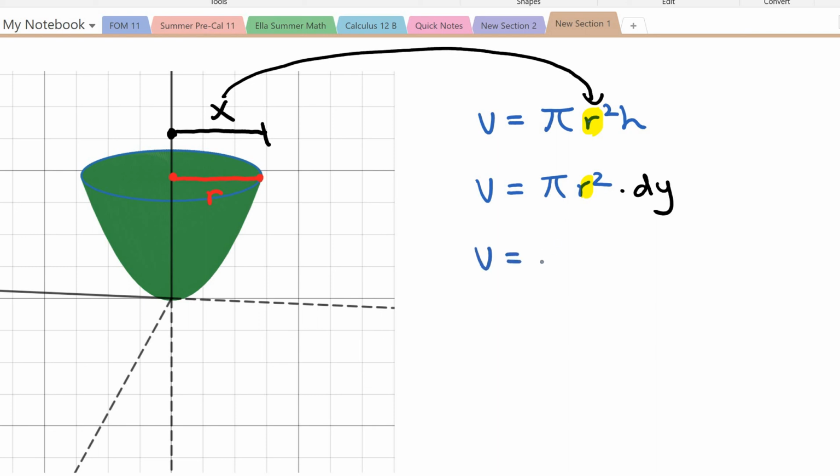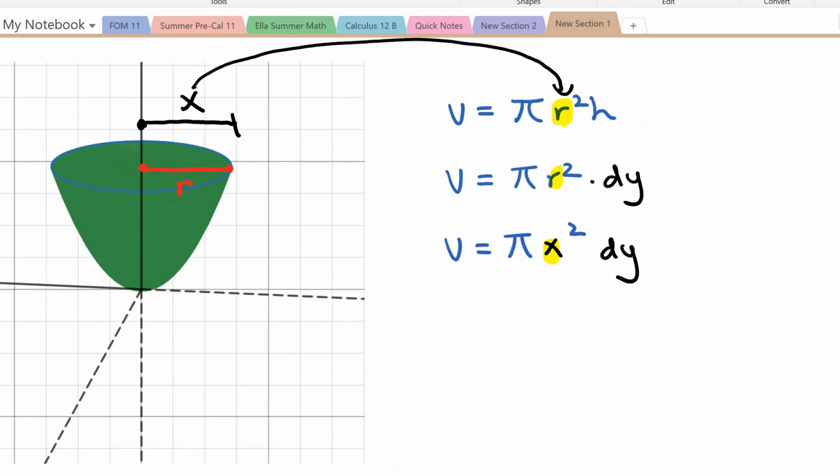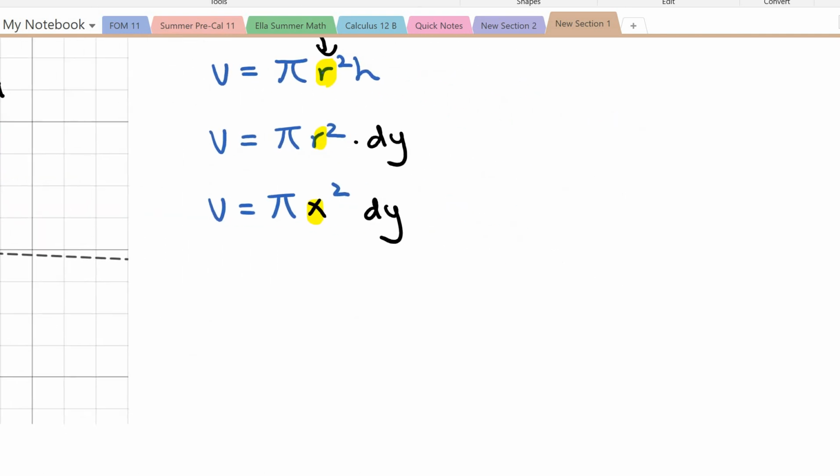So volume equals pi times x to the power of 2 times dy. And then you have to ask yourself, what is x in this particular problem? In the original problem, the function that was given to me was y equals x squared. So I need to isolate for this x. In order to do that, I would take the square root of both sides. So the square root of y would equal x.